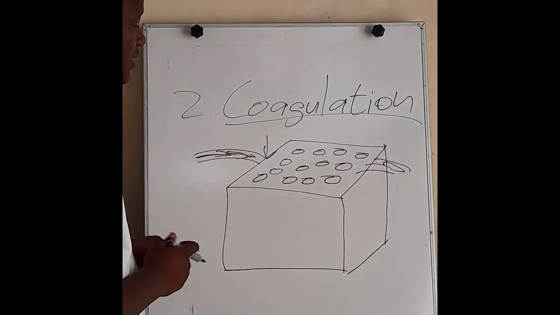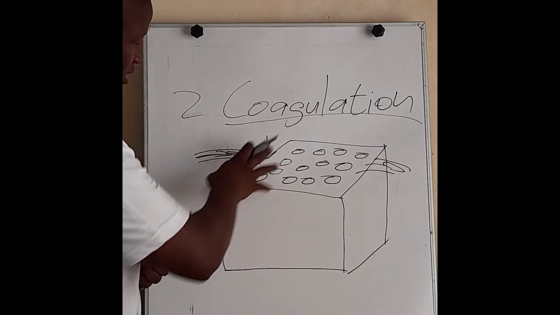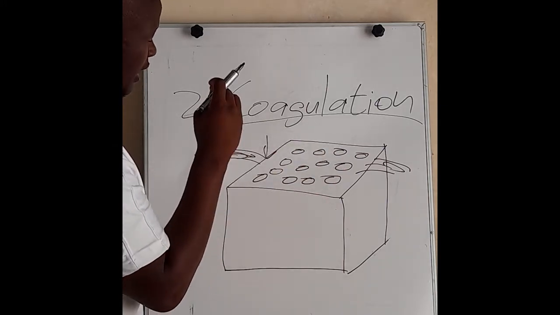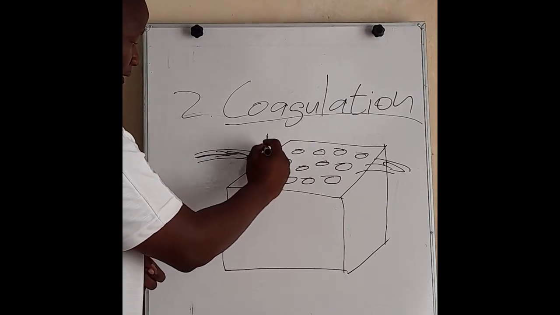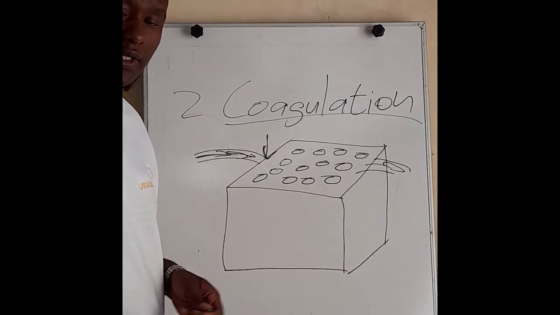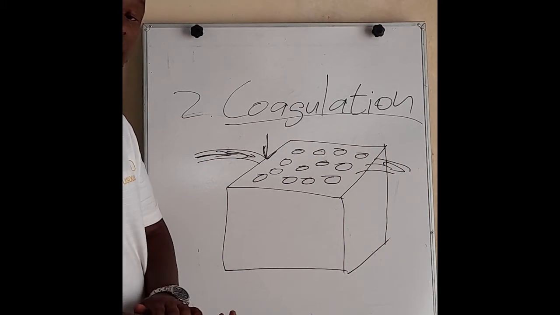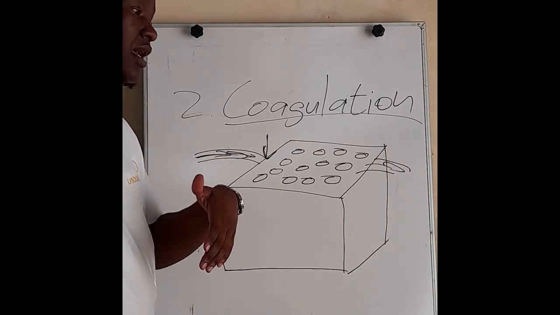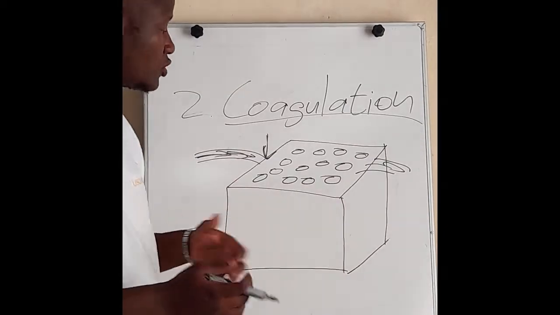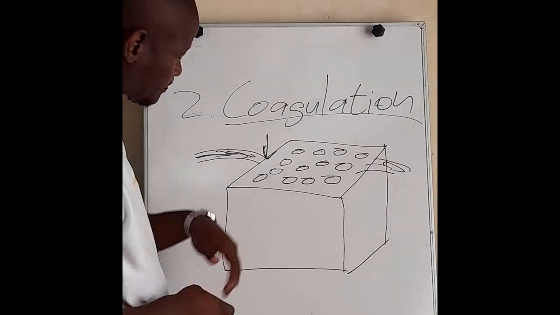As this influent gets into this basin, it will be dosed with a coagulant. There are various coagulants, such as lime and alum, but we'll get into that later on.